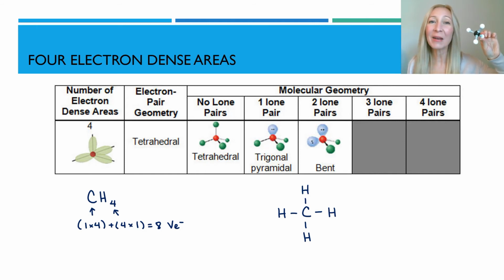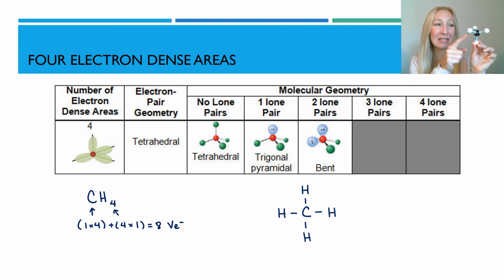It requires a lot of math to figure this out, and I'm not going to go into it, but in 3 dimensions, if these regions of electron density are going to be as far apart from each other as possible, their angle is going to be 109.5 degrees. So from here to here, and from here to here, they're all 109.5 degrees.